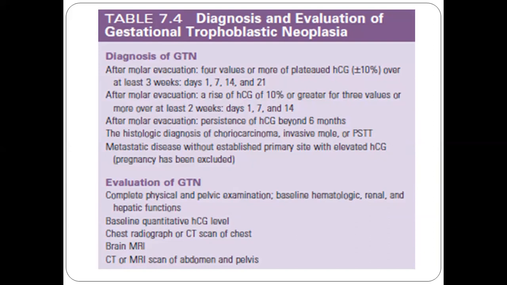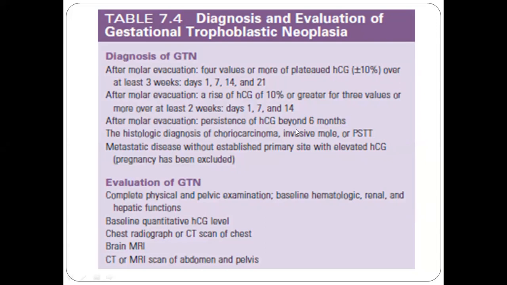Two, if after molar evacuation, there is a rise of more than 10% of beta HCG levels for 3 readings over a period of 2 weeks, day 1, 7, and 14. Or if there is persistence of beta HCG levels after 6 months after molar evacuation, or a tissue diagnosis of choriocarcinoma, PSTT, or ETT, or invasive mole.